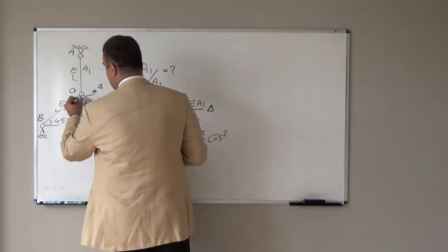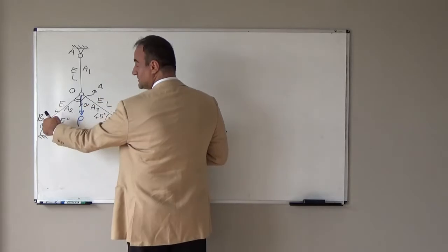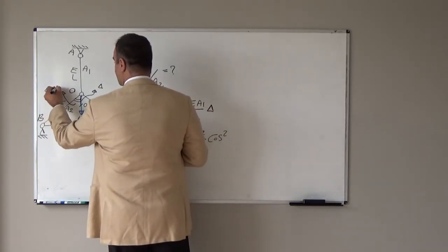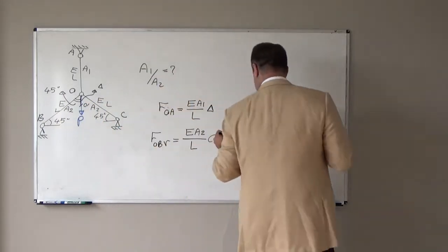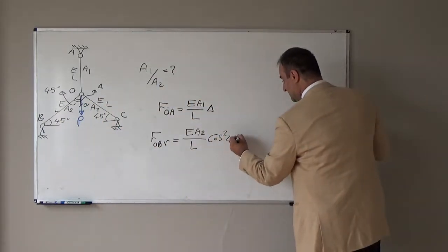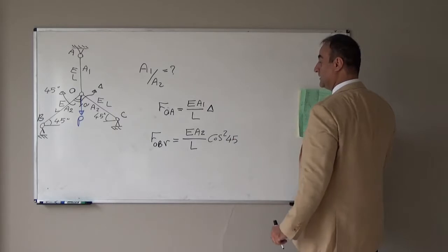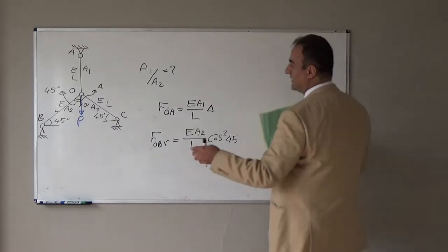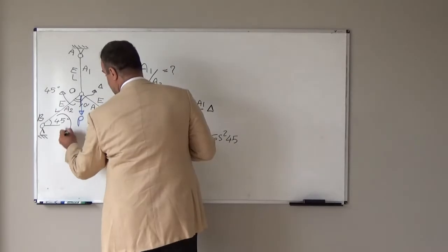Theta will be this theta, because this is 45 degrees. This angle again will be 45 degrees. So cosine square 45 will be the vertical component of the force.